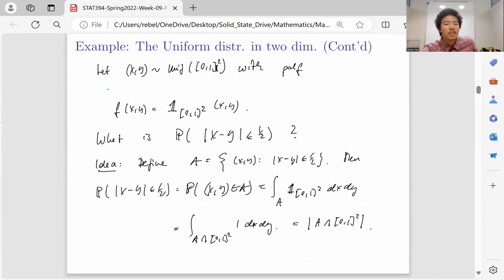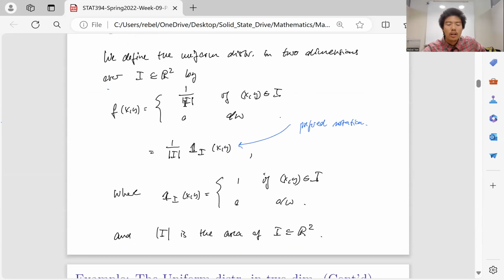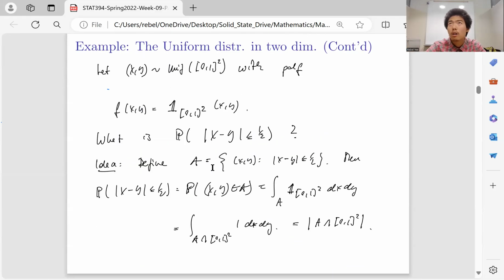And this is our PDF, the density function. Since the area is 1, the PDF is just 1 on the square and 0 outside. So that's a conclusion.